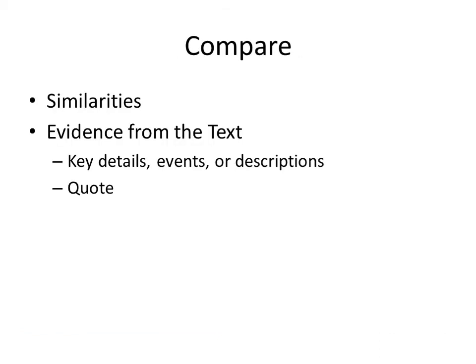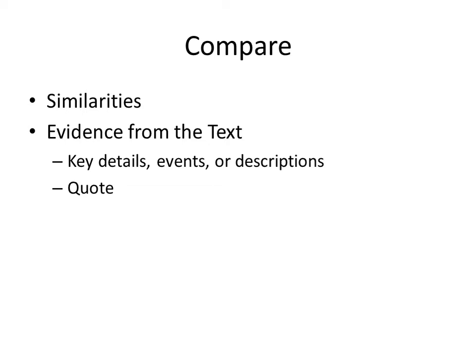Now, when you compare, you're looking for similarities. Notice how I didn't say how things are identical. Comparing doesn't necessarily mean you need to find the exact ways that one text or one idea is the same as another text or another idea. Most importantly, when you are comparing two or three or more things, you need to make sure that you are using evidence from the text.